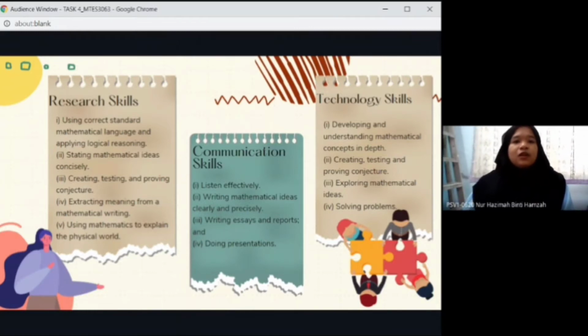So we go to the last skill, which is technology skills, that refers to handling mathematical tools such as abacus, calculators, websites that can help in developing and understanding mathematical concepts in depth, and creating, testing and proving conjecture, exploring mathematical ideas and problem solving.